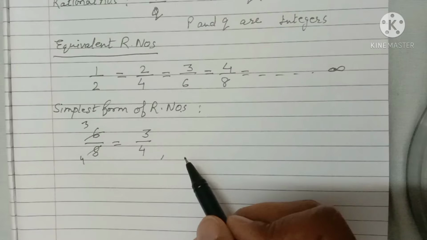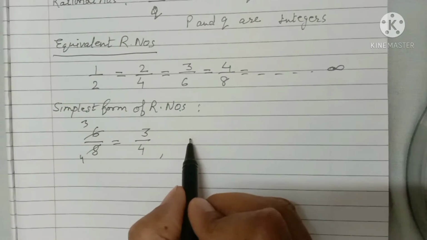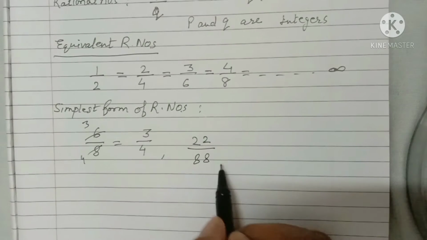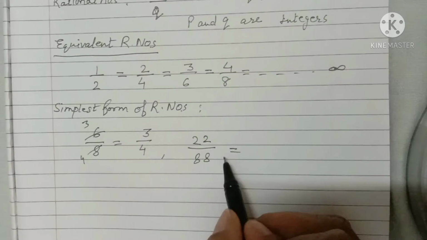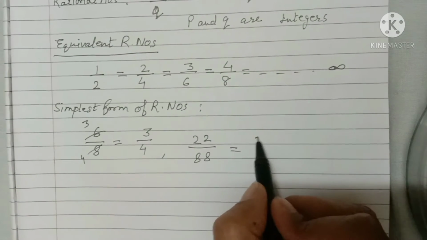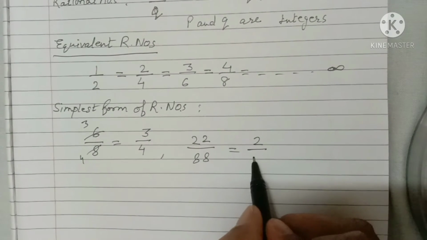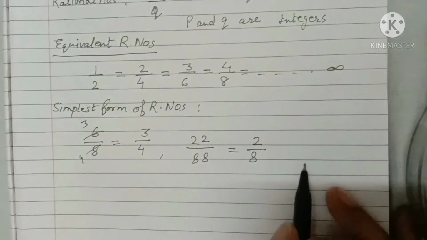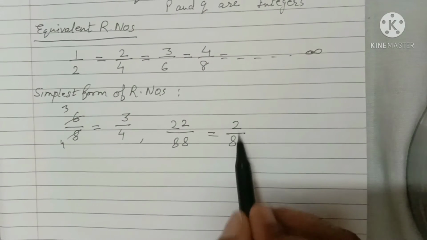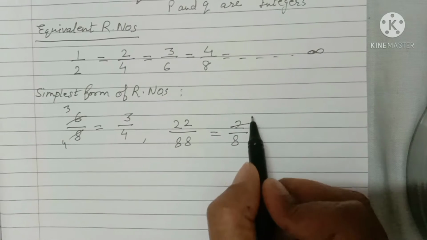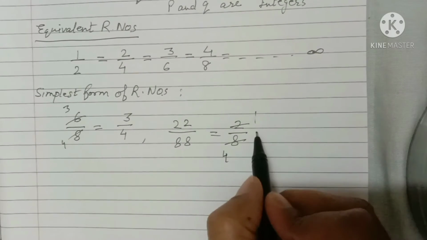Take an example. Suppose 22 upon 88. Is the simplest form 2 upon 11? 2 elevens are 22, 11 eights are 88. This is not in simplest form because it has a common factor. It has a common factor 2. 2 ones are 2, 2 fours are 8.